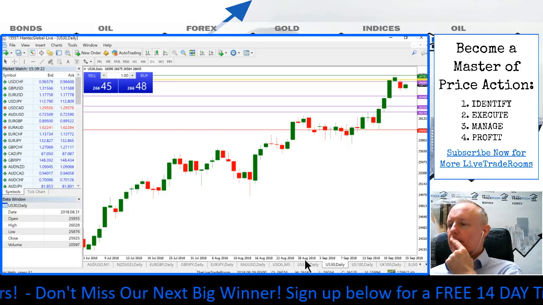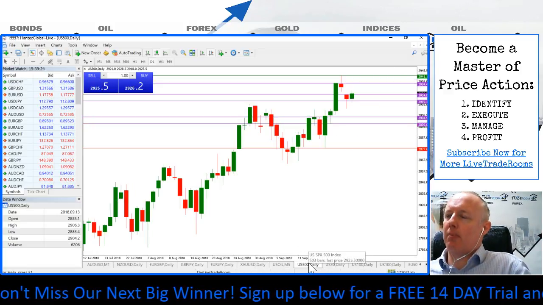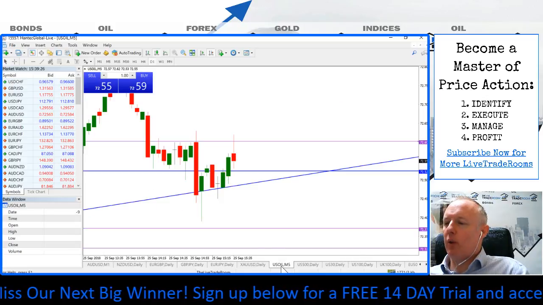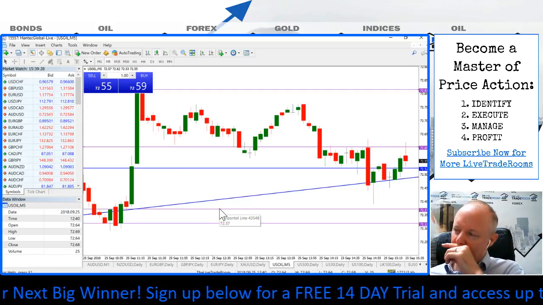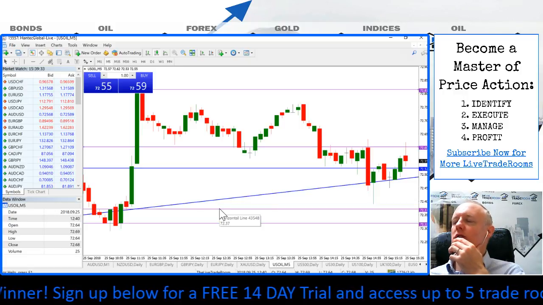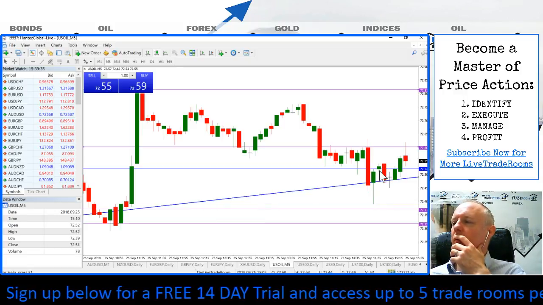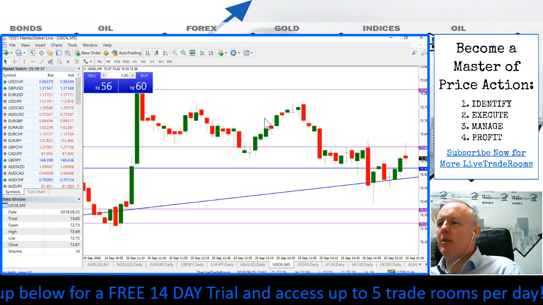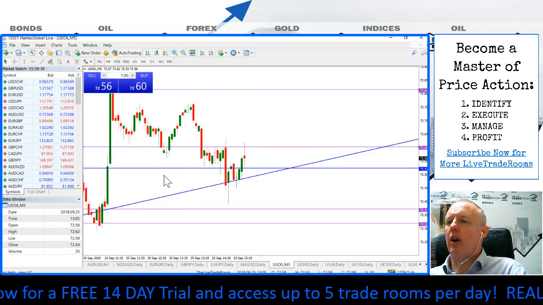US equities showing signs of a bit of bullish price action, but they've not really done an awful lot, certainly during the European Open and the US Open so far. US oil definitely playing around at these levels, so I don't know if we get an extension lower or not.